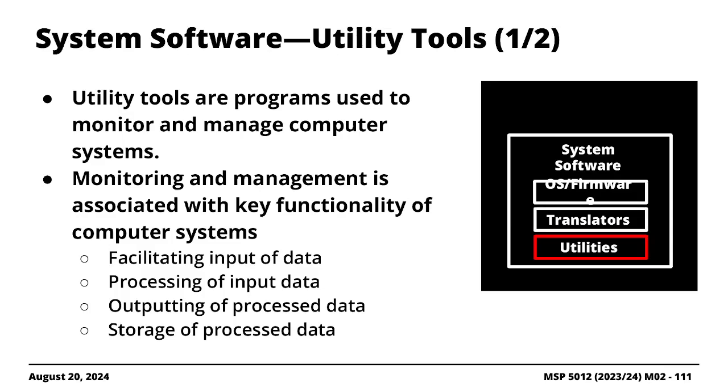Probably the most common utility program that a lot of you have used is Task Manager on Windows. You know how you press Control-Alt-Delete on Windows, and a pop-up window comes up that enables you to end programs that are not responsive, so that you're able to use your computer. That's a utility program. You use it to monitor and manage a computer system.